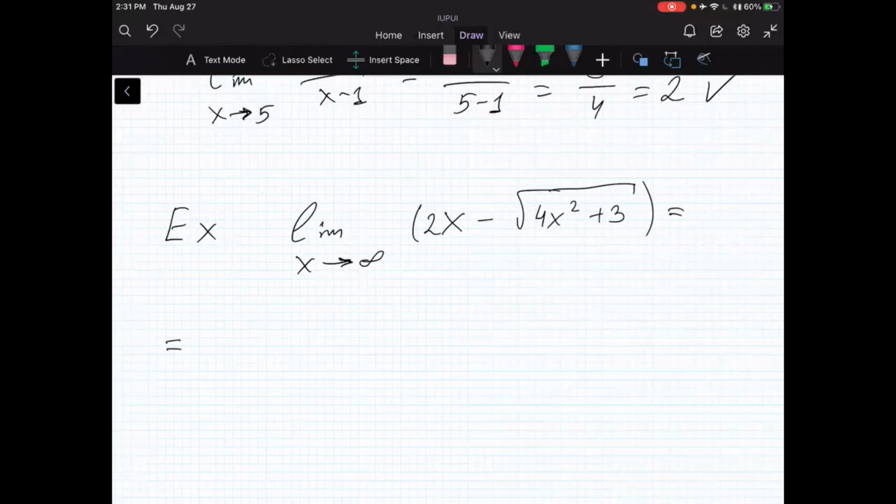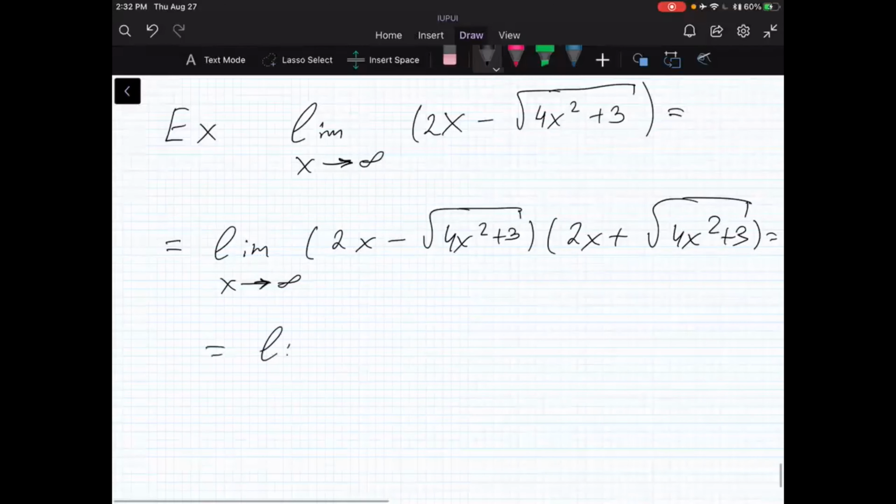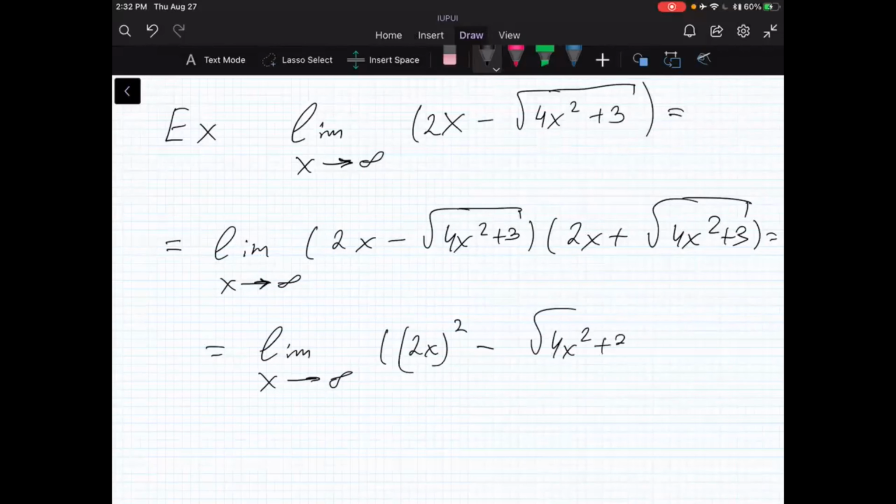And by the conjugate, I mean the following. You should multiply by the same stuff, but with plus. And why do you need to do that? Because now you can use the difference of squares formula and see that it is the same as the limit when x goes to infinity of (2x) squared minus (the square root of 4x squared plus 3) squared, right?